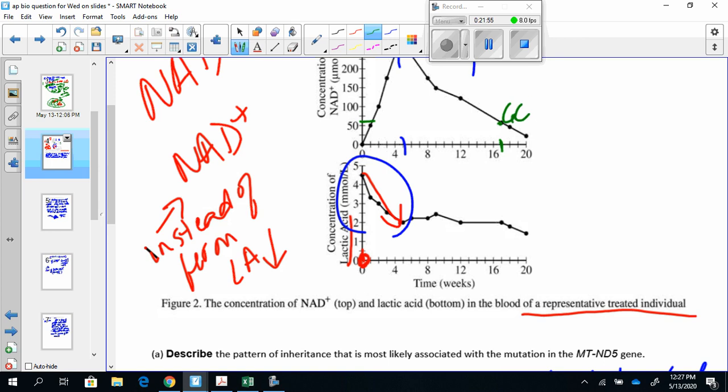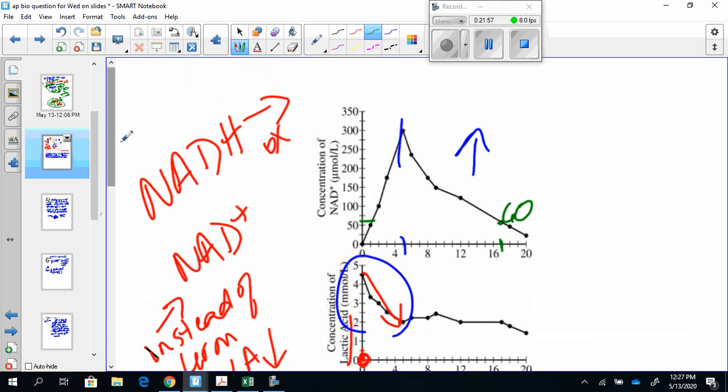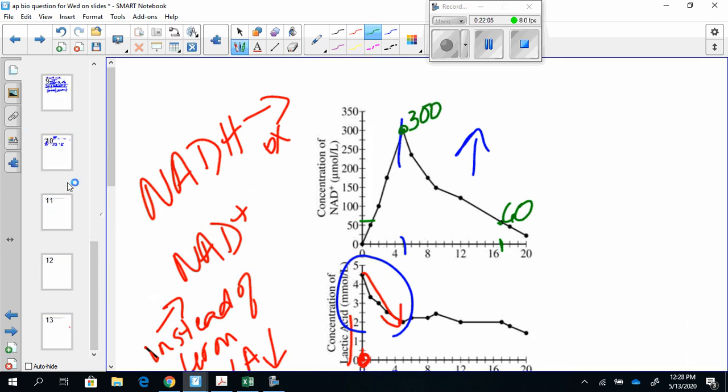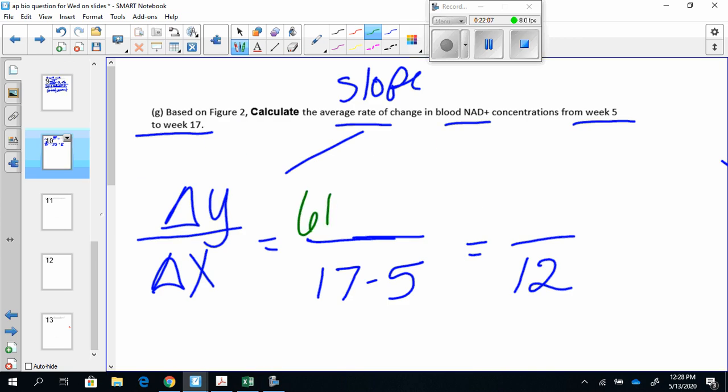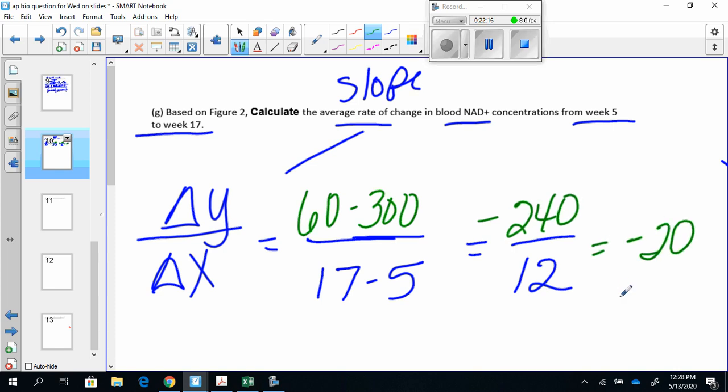So let's say that's around 60. And then week 5, let's say that's 300. So 60 minus 300. So that's negative 240. And you divide and you get negative 20.